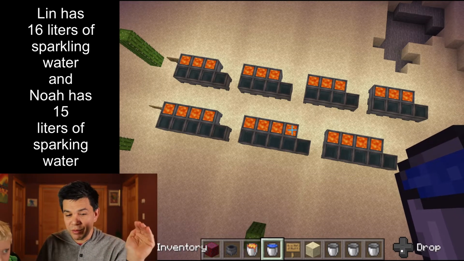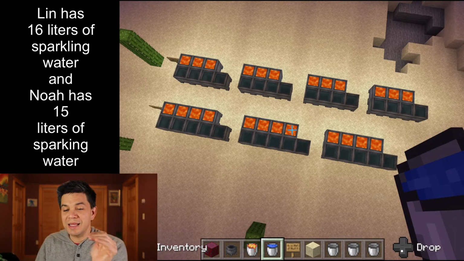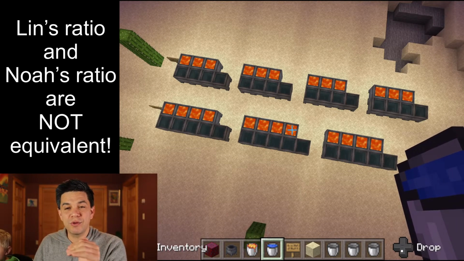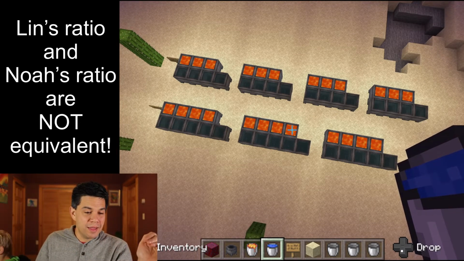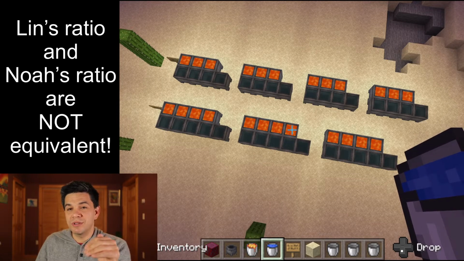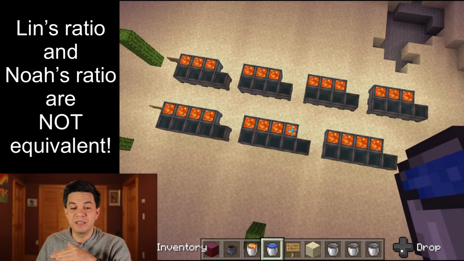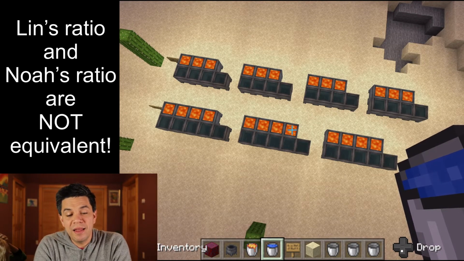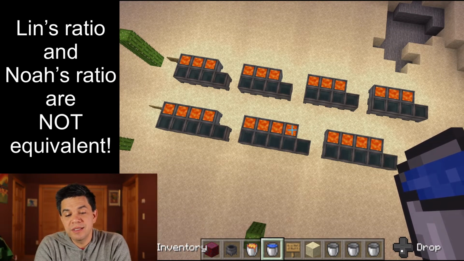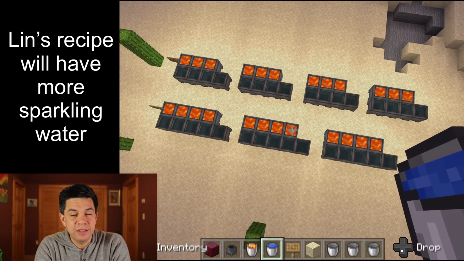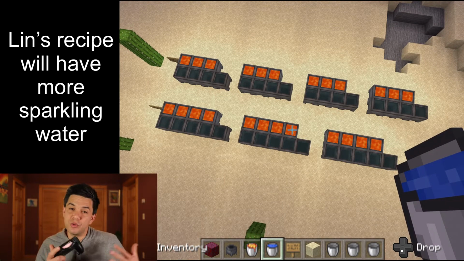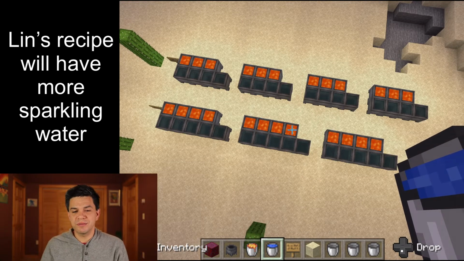If they were equivalent ratios, if Lynn has 12 liters of orange juice and Noah has 12 liters of orange juice, they both should have the same amount of sparkling water, but they don't. So I'm willing to bet that Lynn's orange juice is going to be a little more watery because she has 1 more liter of water than Noah when they both have 12 liters of orange juice.